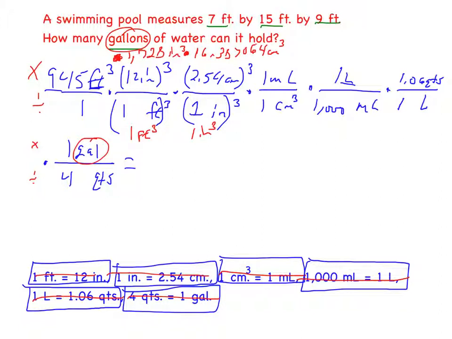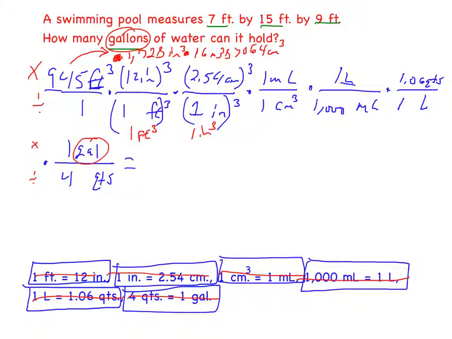So really, in your calculator, you would say 9.45 times 1,728 and hit the enter sign or the equals button, and then you would have your answer times the 16.387064, and then you can ignore these two ones here and then multiply by 1.06, and you can ignore this one over here.